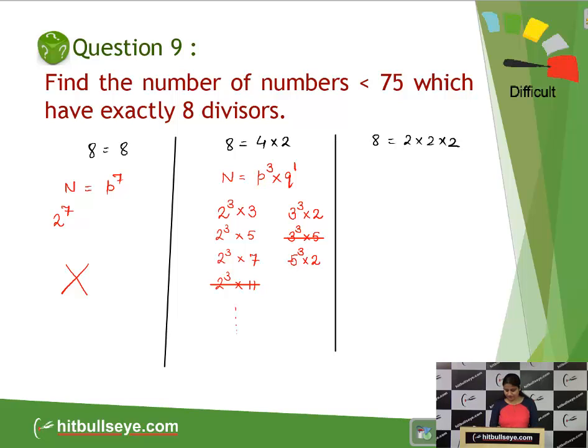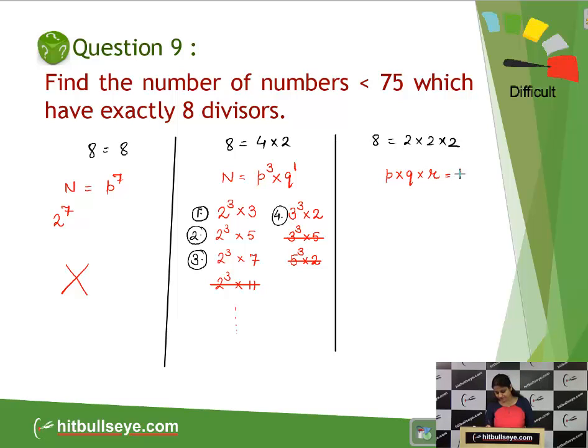That's why 5 cube onwards we will not consider any other number. So how many numbers I'm getting from this part? They are 1, 2, 3 and 4.